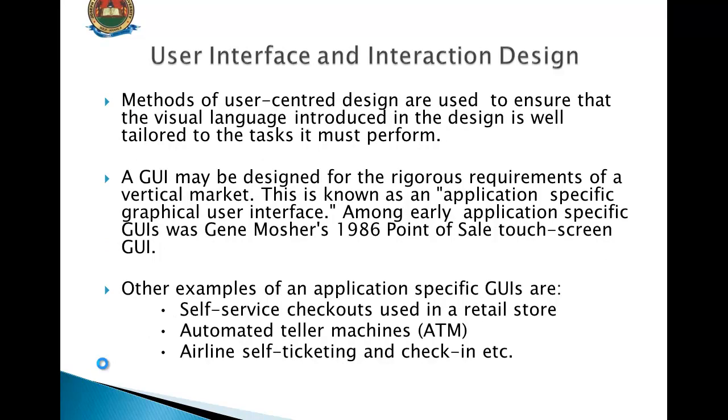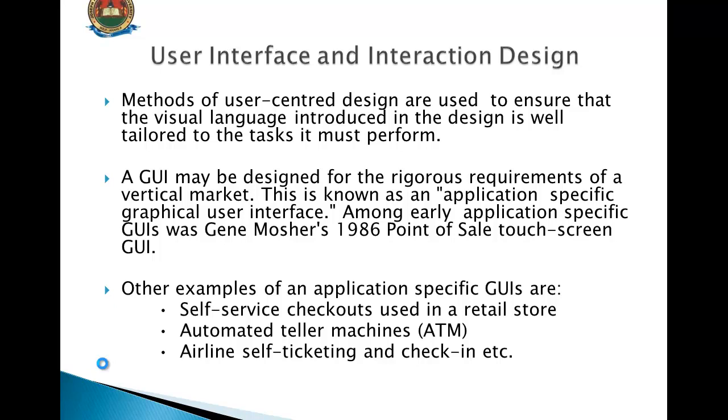Now, when you talk about user interface and interaction design, there are two things. Different methods of user-centered design are used to ensure that the visual language introduced in the design is well tailored to the task it must perform.